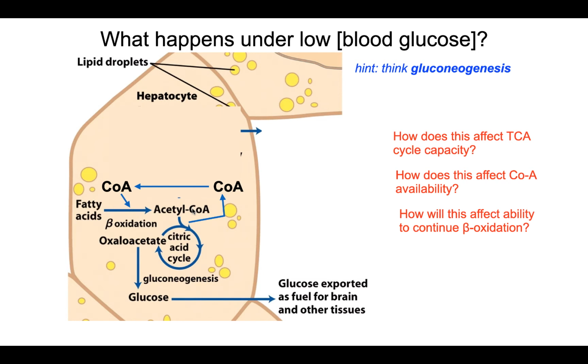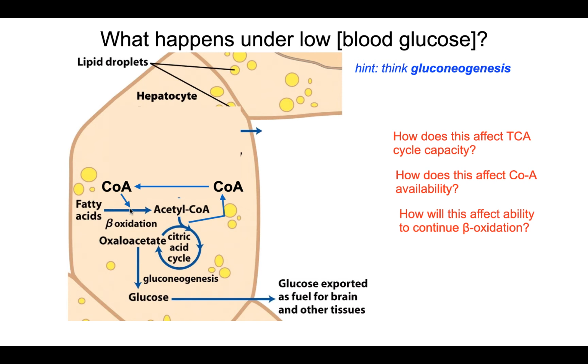Acetyl-CoA isn't able to go through the citric acid cycle at quick enough rates to release the coenzyme A molecules. And it's important that acetyl-CoA be consumed in the citric acid cycle to release that CoA, because we need CoA molecules for beta oxidation, for breaking down fatty acids.